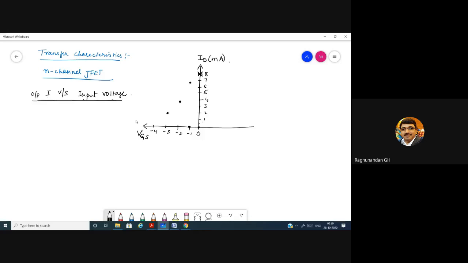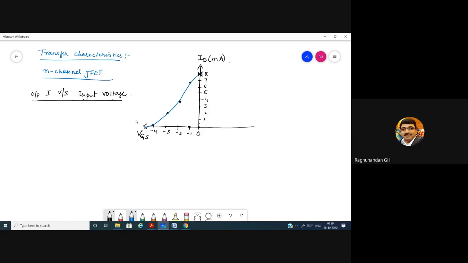At -3, the current will come to this level. When I keep -4, the current will come to this point. Now I am going to join this curve. The graph which is obtained now is known as the transfer characteristics graph.